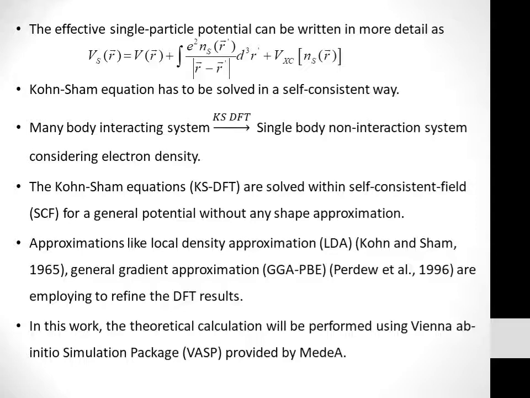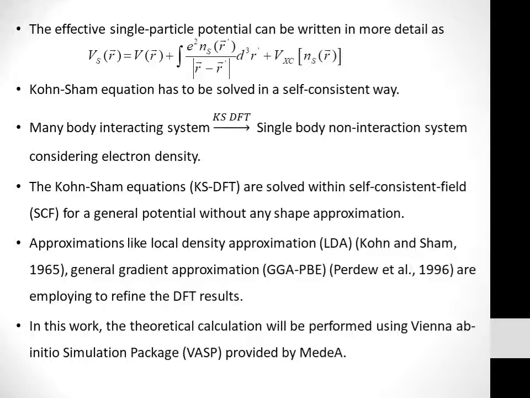By focusing on the electron density, it is possible to derive an effective one electron type Schrodinger equation. Now we can write the total energy of our system in terms of functionals of the charge density as ion-electron potential energy, ion-ion potential energy, electron-electron energy, kinetic energy, and exchange correlation energy.